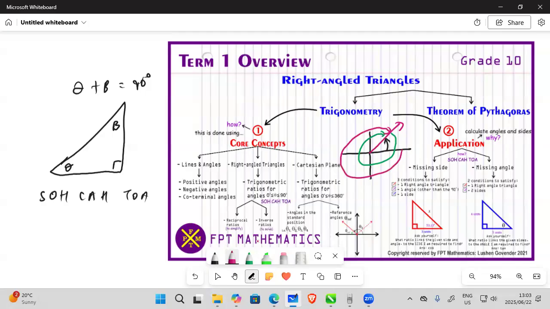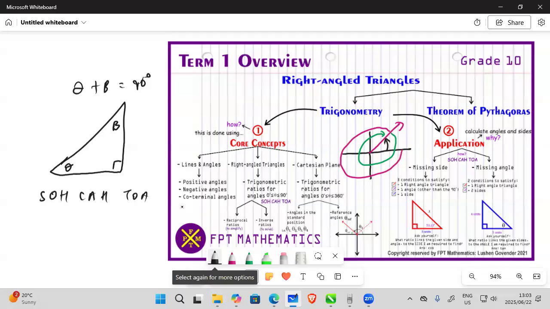So what we're saying is that this black part and this pink part get me back to the same terminal ray just by adding or subtracting 360. Adding or subtracting 360 does not change the angle. It will lead you to the exact same terminal ray. Now, why is that significant?